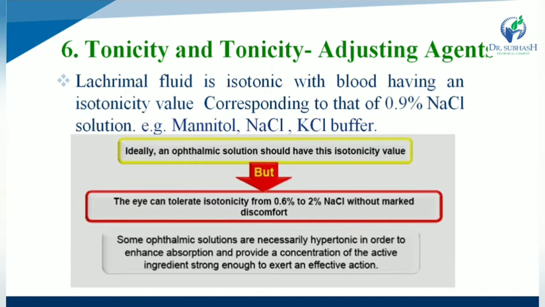If you use 0.9% NaCl solution, that is an isotonic solution, and cell size remains normal. Ideally, an ophthalmic solution should have this isotonicity value, but the eye can tolerate isotonicity from 0.6 to 2% NaCl without marked discomfort. Some ophthalmic solutions are necessarily hypertonic in order to enhance absorption, as well as to provide a concentration of active ingredients strong enough to exert an effective action.